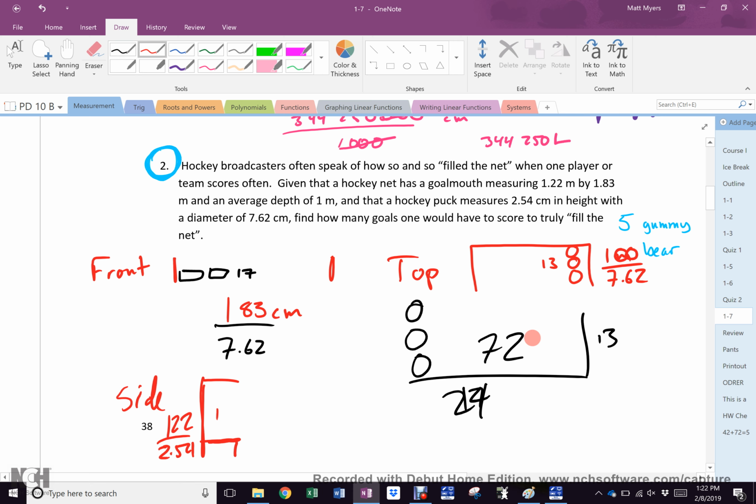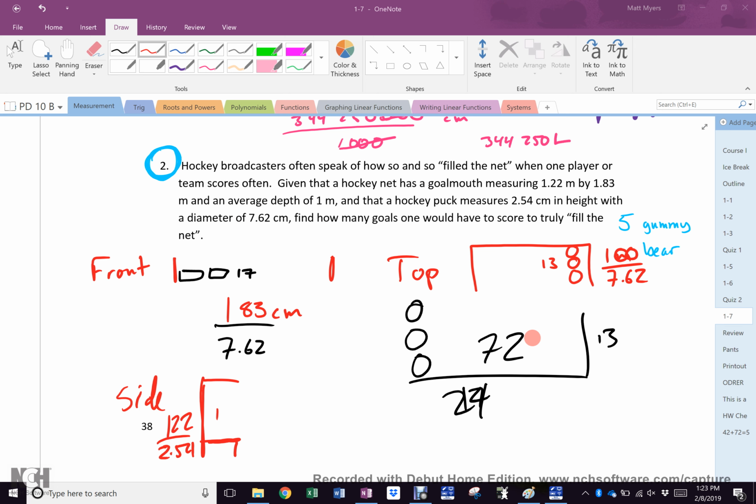You get a prism of pucks. 18th puck. Yeah?